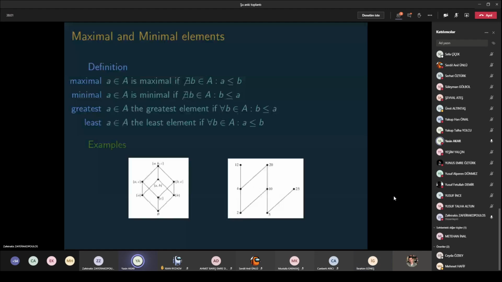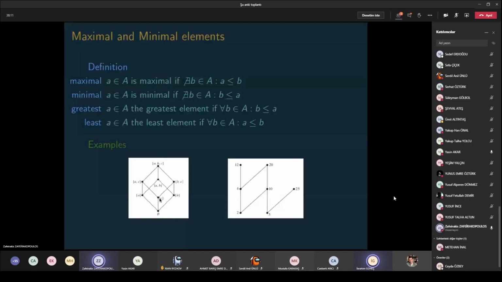So how can we say A is less than B or B is less than C? They are not comparable. The set A and the set C are not comparable. So how can we find the maximal or minimal if we cannot compare?